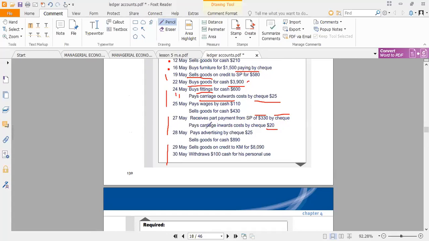When you say carriage inward, meaning you're receiving a discount from the product you bought from? No, I explained what carriage inward is. I said carriage inward is an expense, while carriage outwards is the expense that the sales and distribution department pays for taking goods outwards.